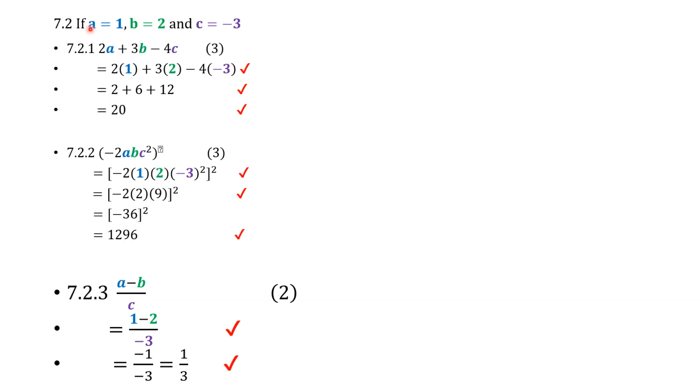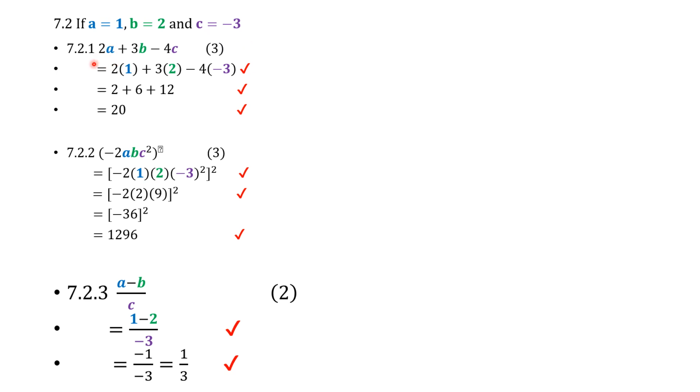For 7.2, they say if A equals 1, B equals 2, C equals -3. I've used color here so that you are able to see where I'm putting what value, because I know myself, sometimes I can be colorblind. It's just to ensure you understand where what goes.